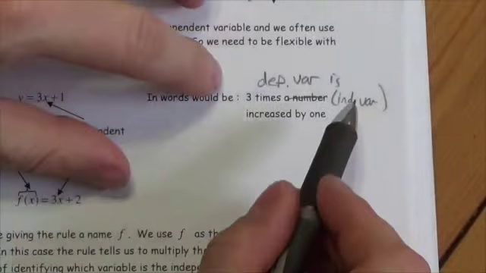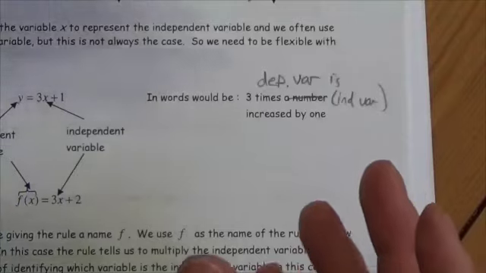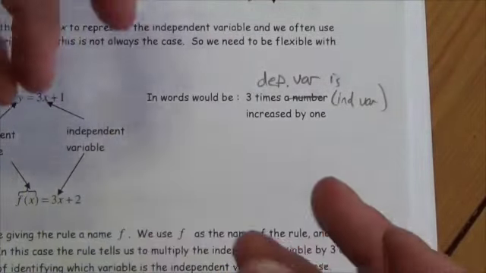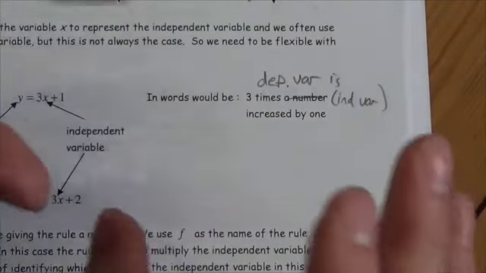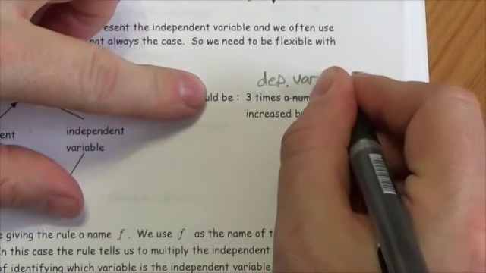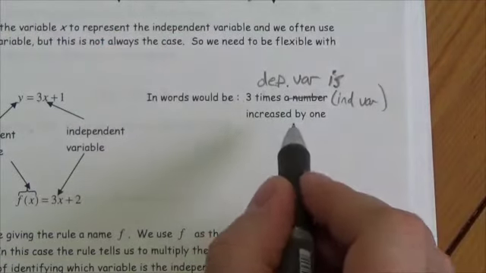Now notice I'm using the words independent variable, dependent variable, because no matter what the relationship is, you're going to have an independent variable and a dependent variable. Now, those variables could be something other than x and y. They could be x and y. But whatever it is, the dependent variable is, there's my equal sign, 3 multiplied by the independent variable increased by 1.